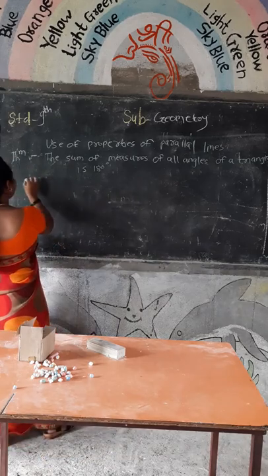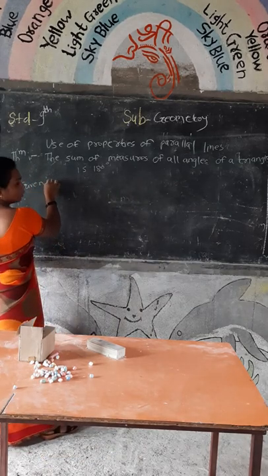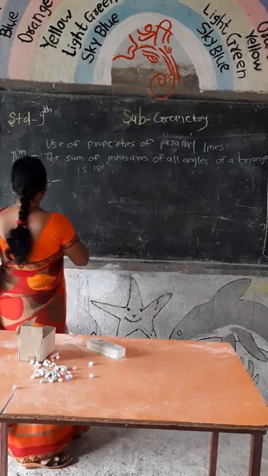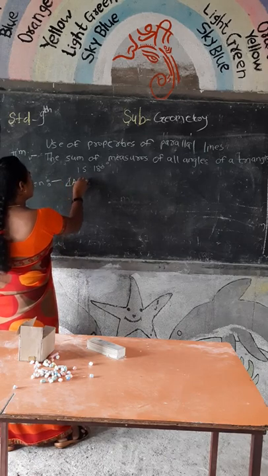We have given that triangle ABC is any triangle.